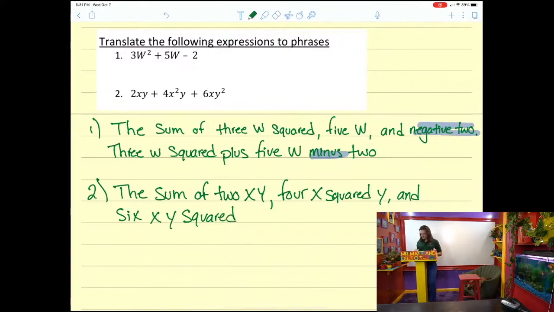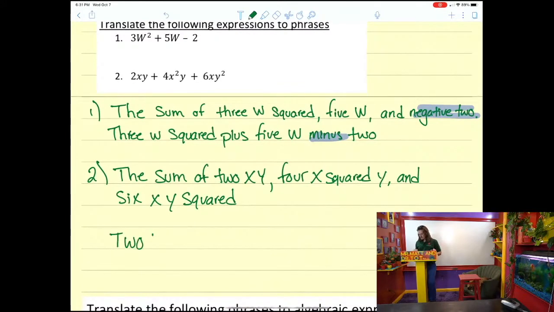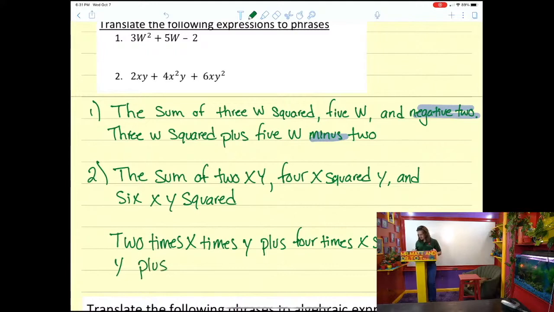Or you could have also described it as 2 times x times y plus 4 times x squared times y plus 6 times x times y squared. Those are exactly equivalent.